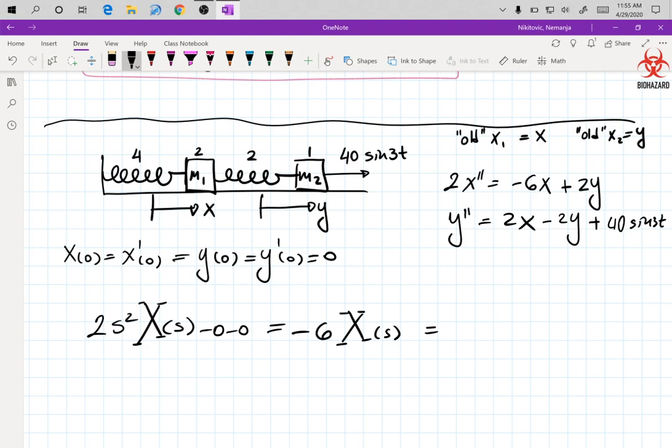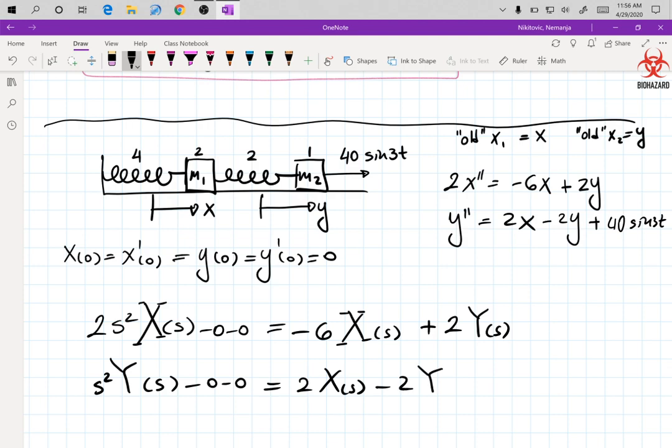Plus 2y of s. There we go. And then s squared y of s minus 0 is equal to 2x of s minus 2y of s plus 40 times, and now this is the one where you actually put the k on top, so this is 3 over s squared plus 9.